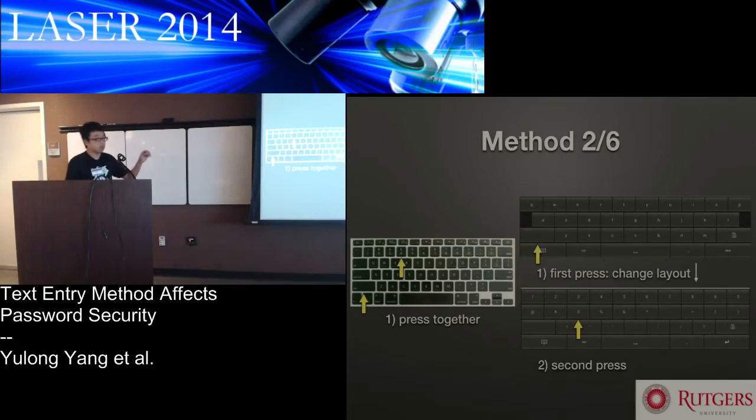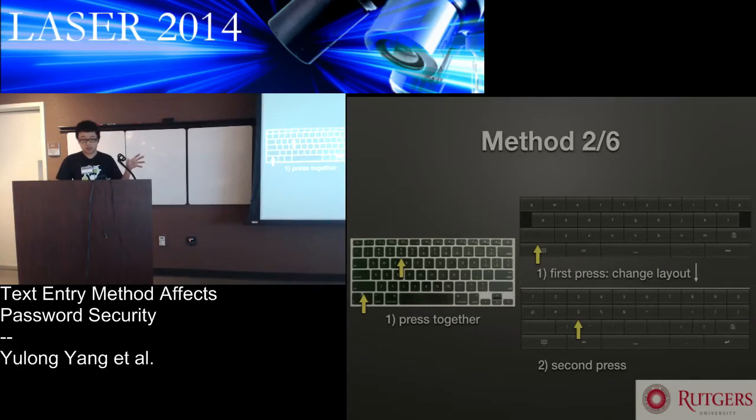So here, the example would be if you want to type a $ sign using those text entry methods. On the laptop keyboard, all you need to do is press the Shift and the number 4 key at the same time. That would do the job.